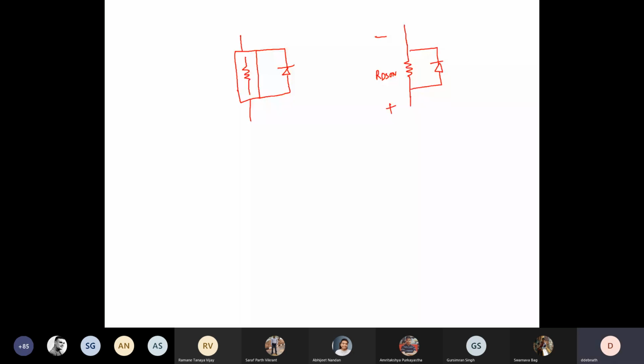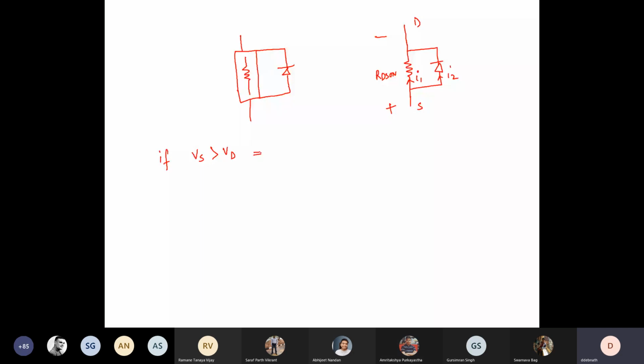So current will flow in this or in this. What do you think? Who will decide that? The resistance decides, the RDS on.